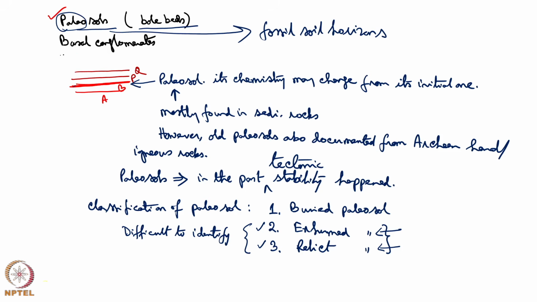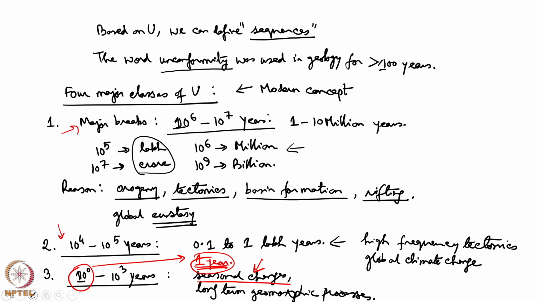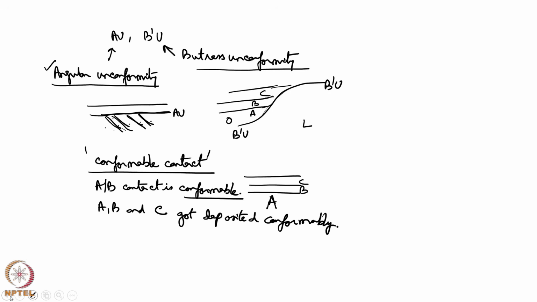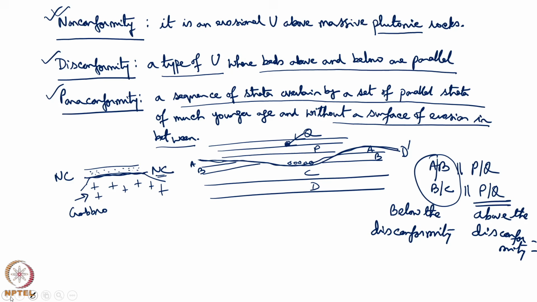We will now see the basal conglomerate, which develops sometimes along with the unconformity over the unconformity plane, but they are not always developed. For that, we can go back in the slides and we come to the case of a disconformity.